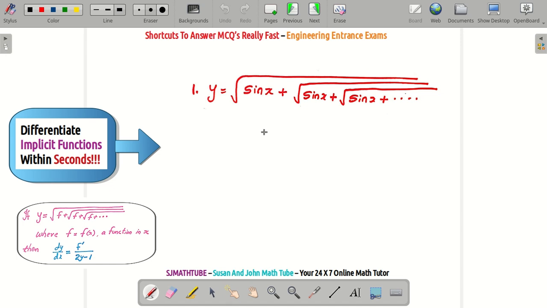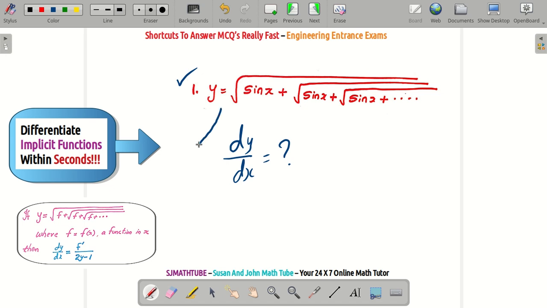Okay, let's try one question. So take a look at this. y is equal to root under sine x plus root under sine x plus root under sine x plus dot dot dot. The question is dy by dx is equal to question mark. It's very easy, my friends.